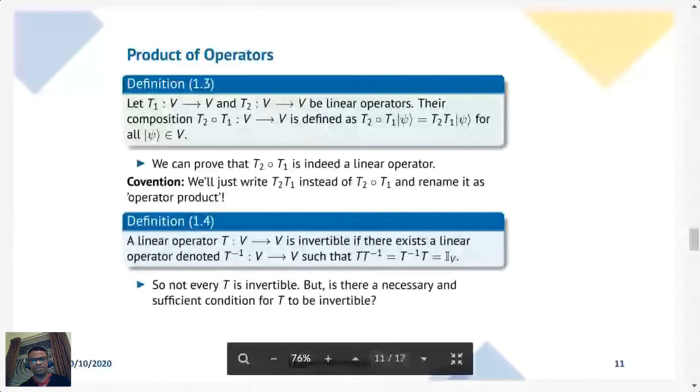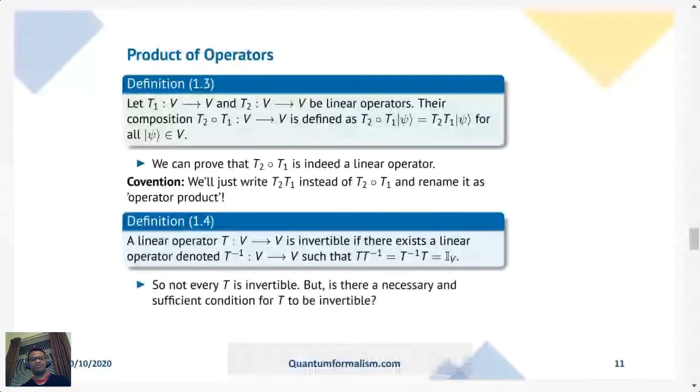Again, this means that not every operator acting on V is invertible, otherwise we wouldn't define it. So this brings another question: is there a necessary and sufficient condition for an operator to be invertible? Is there something it needs to satisfy, such that when it does, we know immediately that it's invertible?